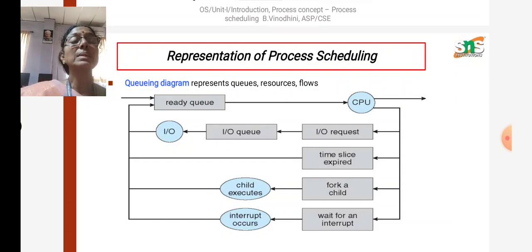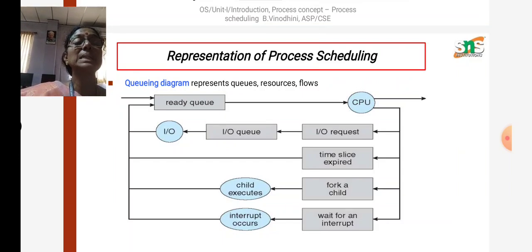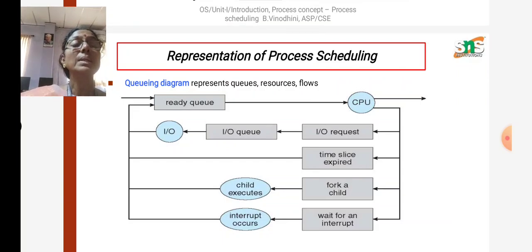But during execution, there may be an interrupt, such as an I/O request, the time slice expiring, or the creation of a new process. If an interrupt occurs, the process comes out of execution and is placed in the respective queue. Suppose the process requires an I/O device. The executing process is interrupted, comes out of the CPU and goes to the I/O device queue.